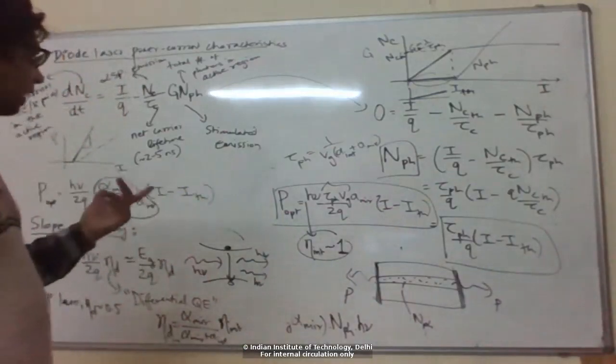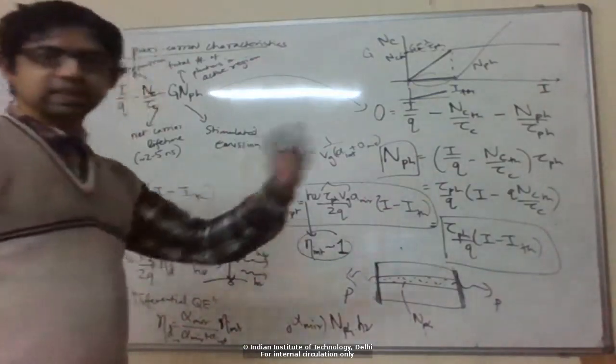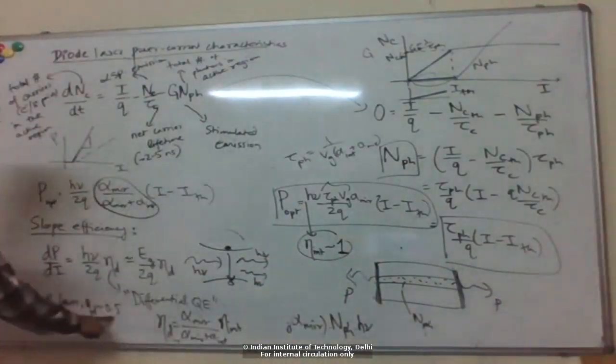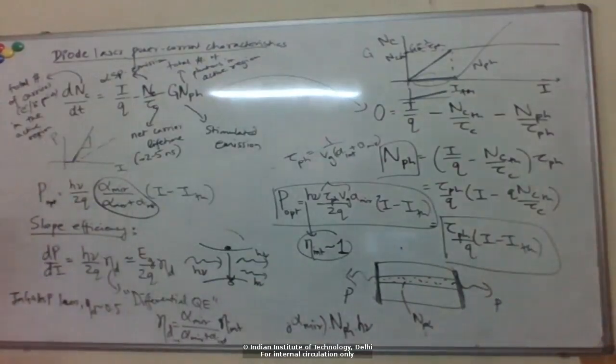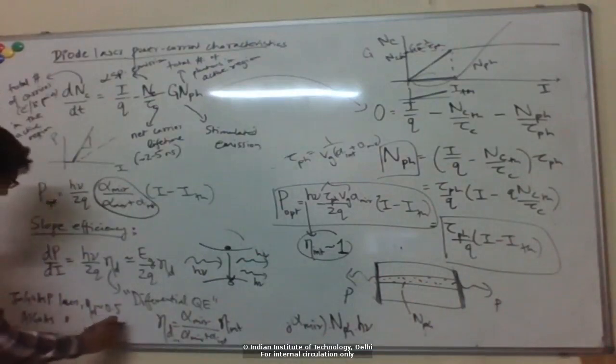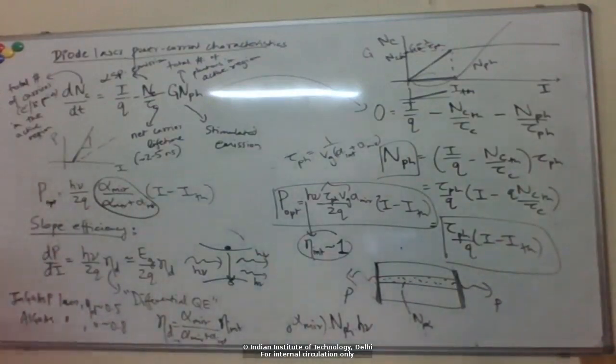For the LED, we saw it was a product of the internal and external quantum efficiencies, and that value was less than 1%. It was very small. But here you can see that it goes up to 50%. For AlGaAs lasers, it can be even better, up to almost 80%. So you can see lasers are way more efficient than LEDs.